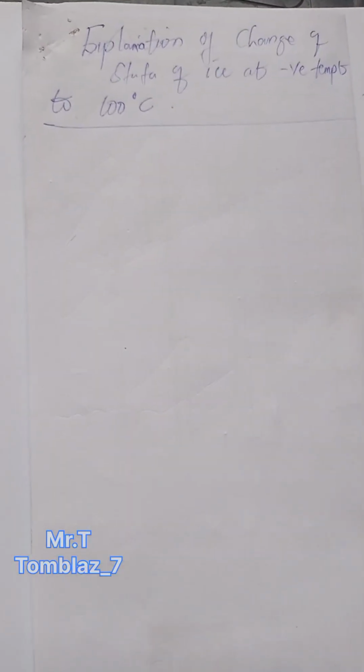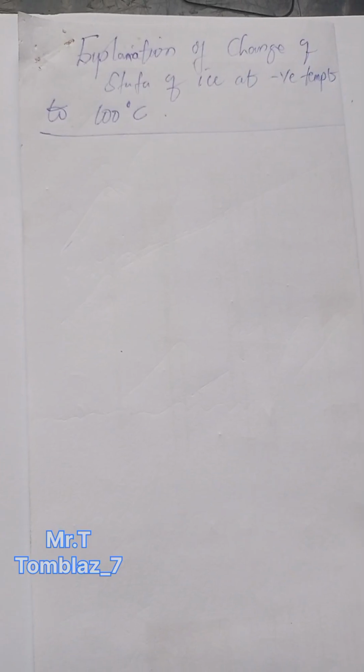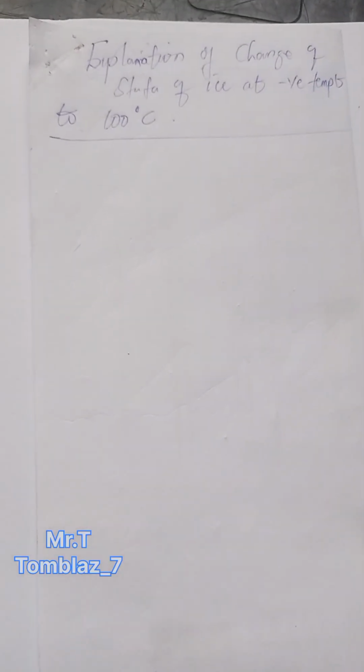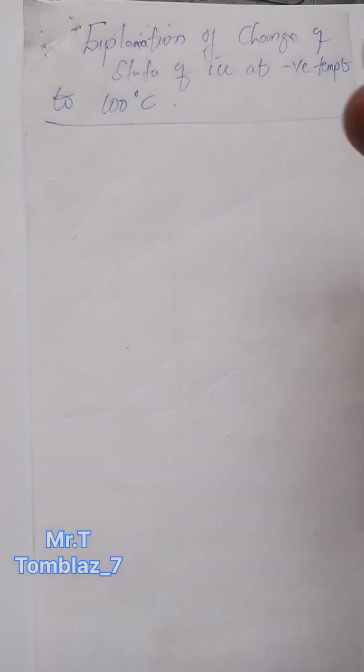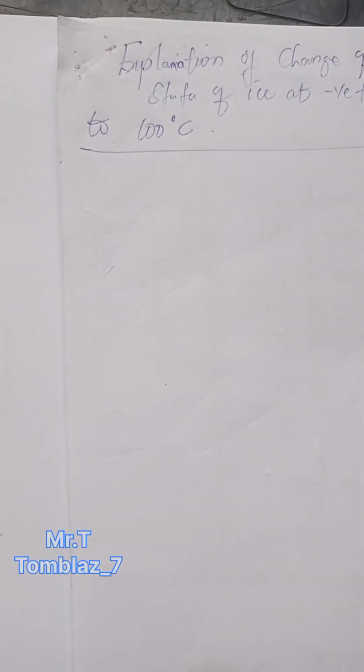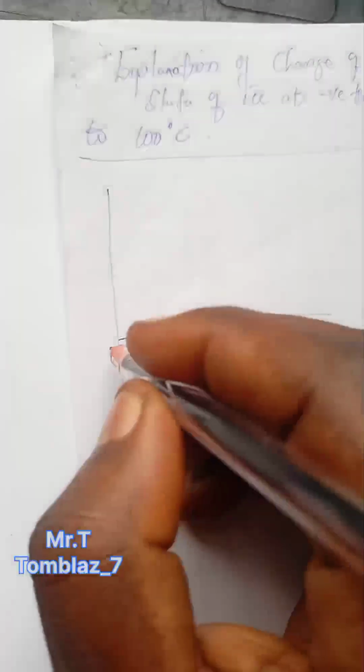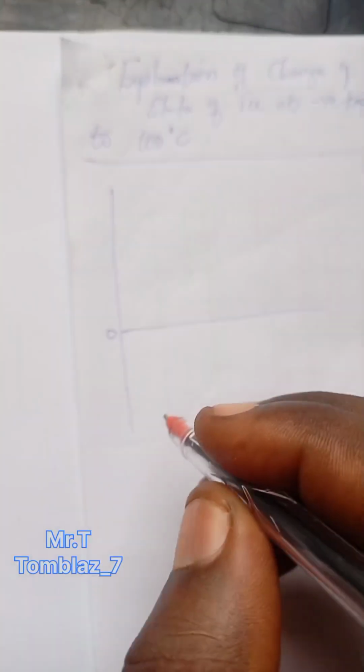In this video I want to explain the change of state of ice at a negative temperature to 100 degrees centigrade, right? So I have a diagram I want to use. So let's say I have this diagram. This here is 0.